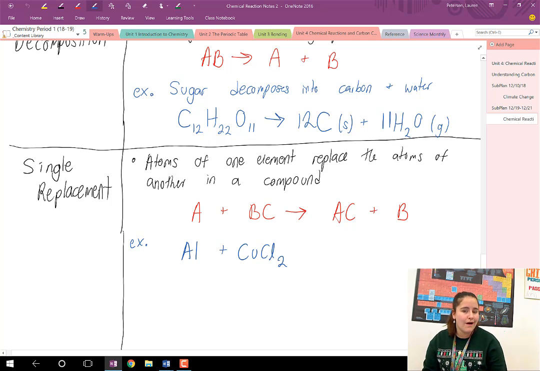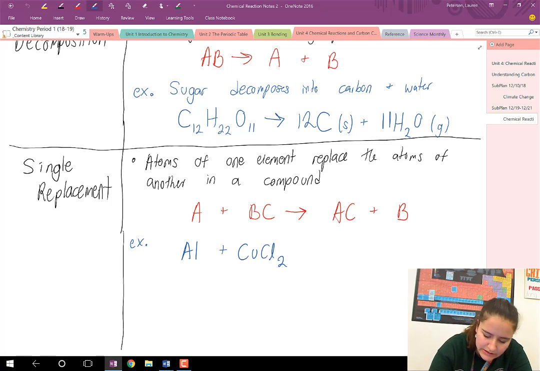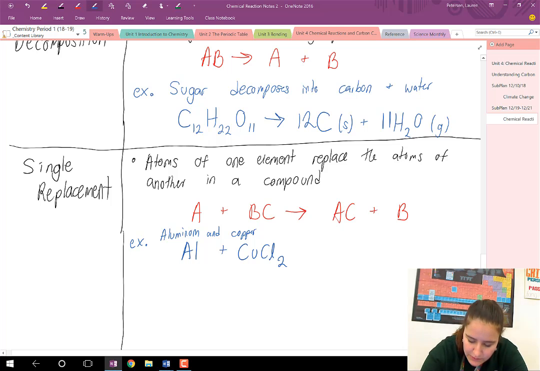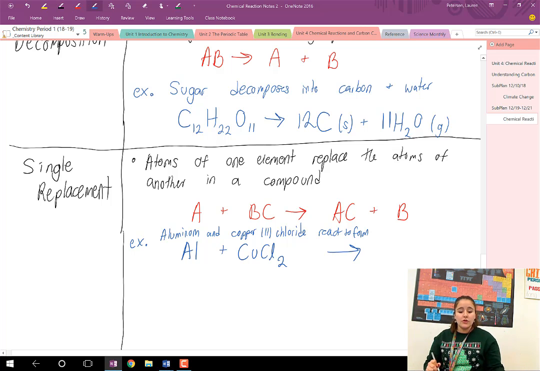Now, what are going to be the products of this reaction? Well, I have aluminum and copper chloride. I'm going to go ahead and write the words because it might make it easier for us. Aluminum and copper, it has 2 chlorines, so it's going to be copper(II) chloride, react to form... Well, the aluminum was by itself and the copper was with the chlorine.